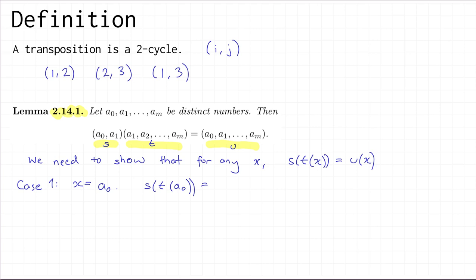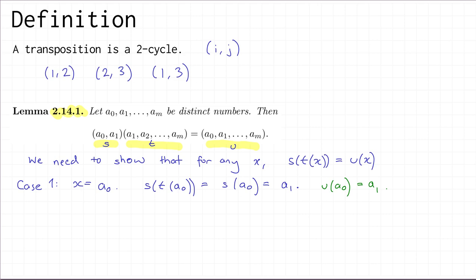And that means T of a0 is just a0 again. So what I've got here is S of a0, which is a1. Okay, now let's try what U does to a0. U of a0 is a1 because U is the cycle (a0 a1 a2 up to am). Okay, so for this particular value of x, S of T of x was equal to U of x, so we're happy in this case.